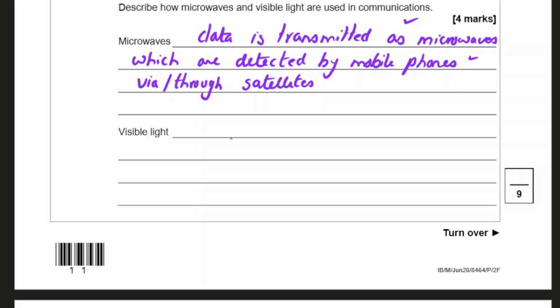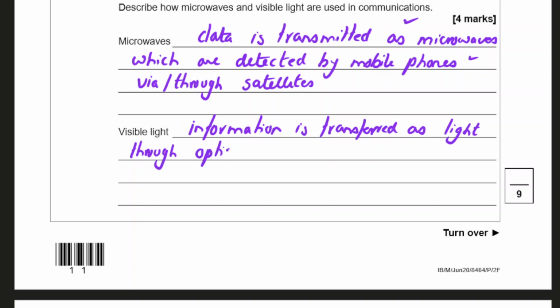So information is transferred as light through optical fibers or the internet.